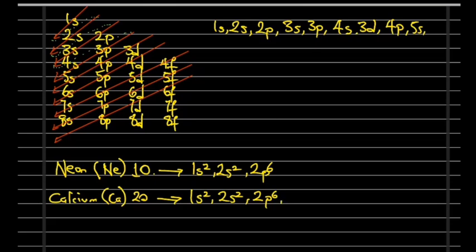So we move to the next energy level, which is 3s. 3s, s carries a maximum of 2 electrons, so we give it its 2 electrons. So out of the 20, we have used 12. We are left with 8, so we move to the next energy level, which is 3p.